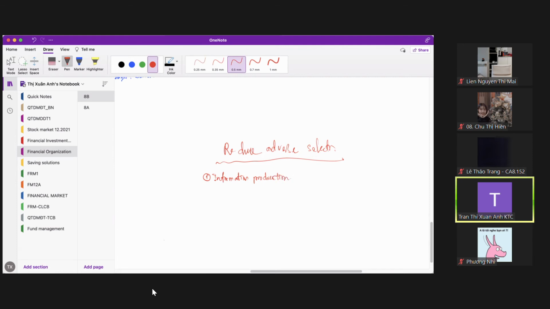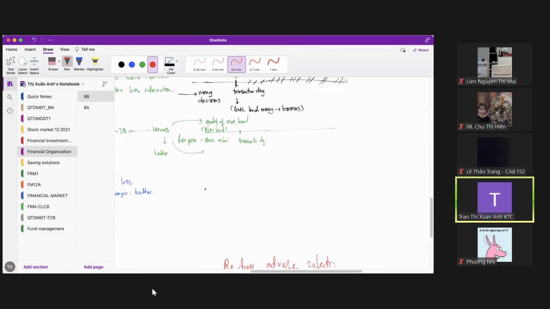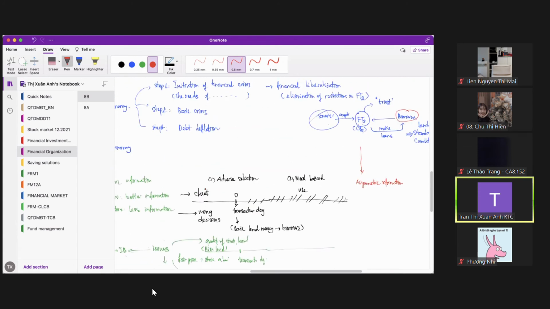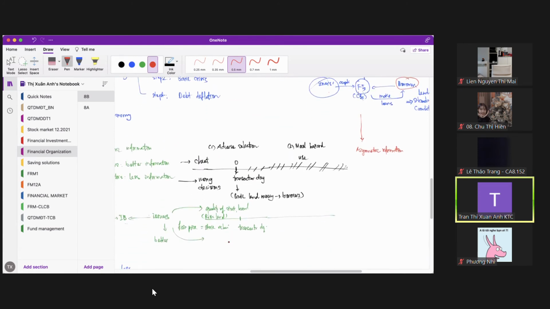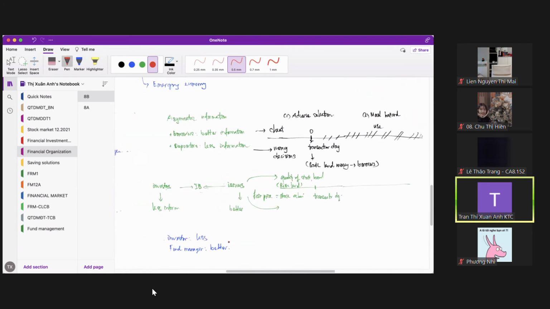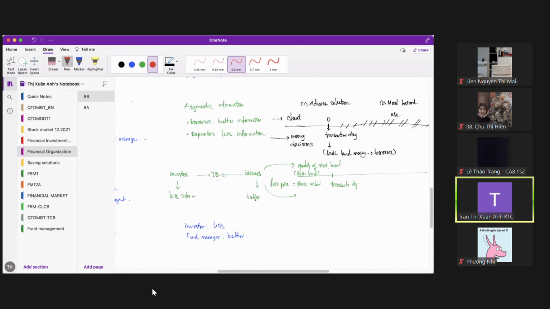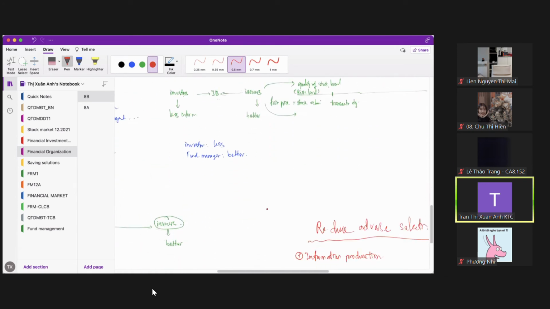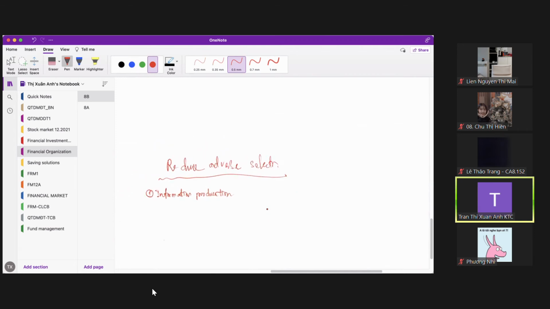So what does it mean? What are the details of this? One of the problems is that if we want to reduce adverse selection, we need to make sure both sides, including the investor and issuer, or borrower and depositor, have full information at the same time, even if it is private information.